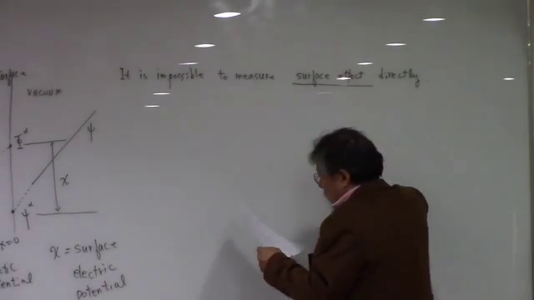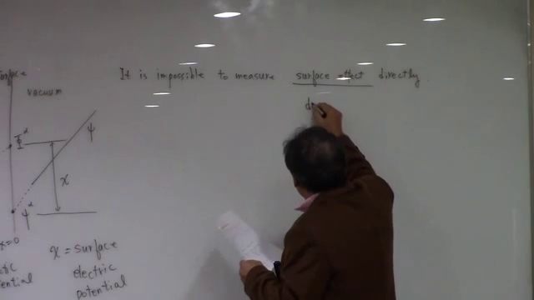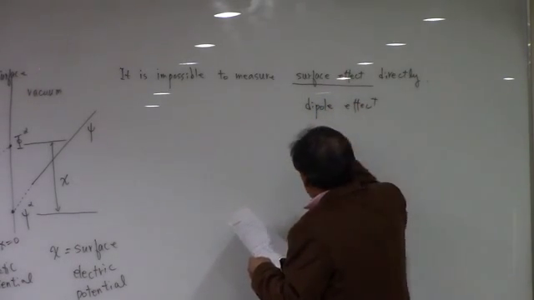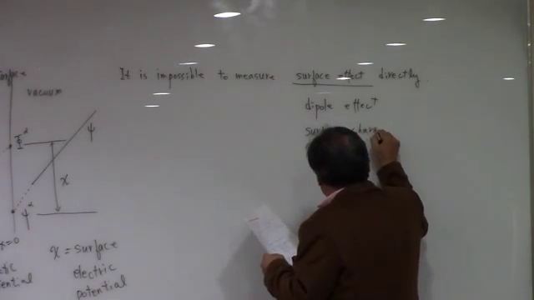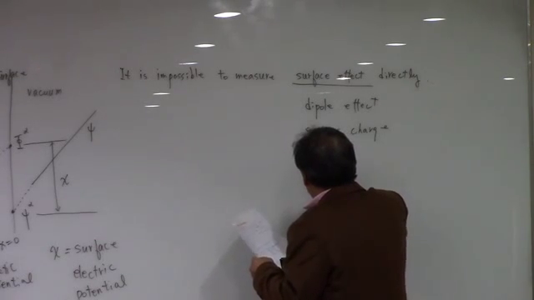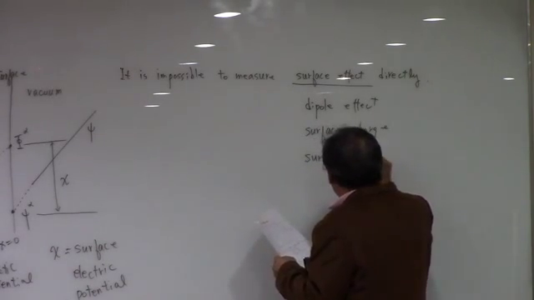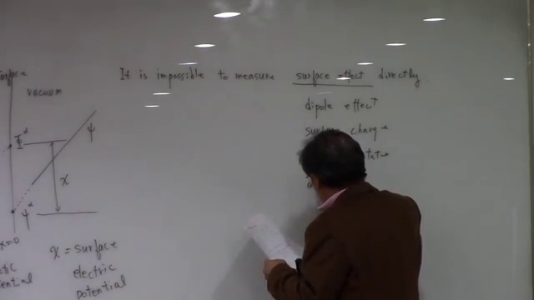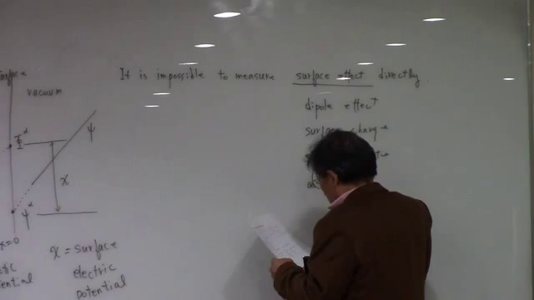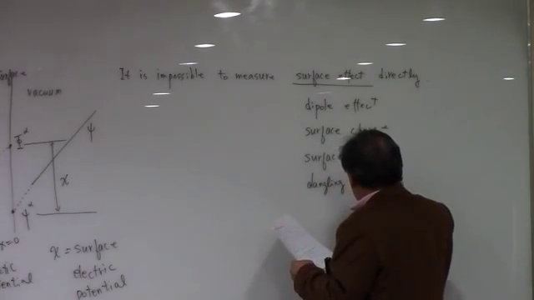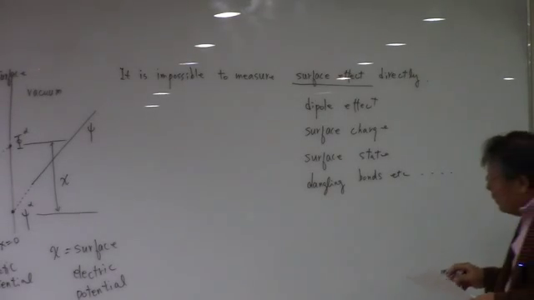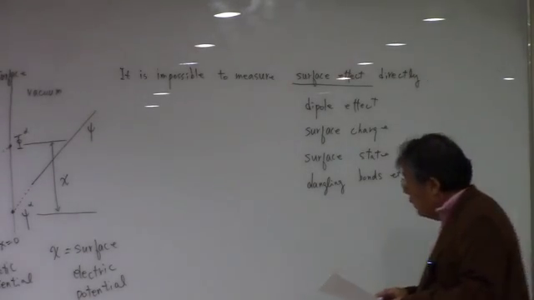And here the surface effect means the dipole effect, surface charge, and surface state related things, and the dangling bonds, etc., etc. Okay? That's mainly the surface defect, we should say.